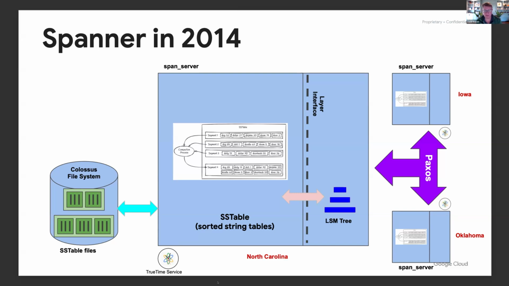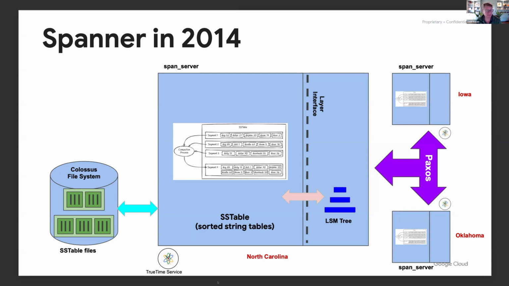All of that information, each replica stores in the Colossus file system in a series of blocks. One of the things to note is that the Colossus file system itself uses replication to provide a high degree of consistency. When I first got to Google, I was really confused about why we have replication across nodes and then we have replication within a data center.